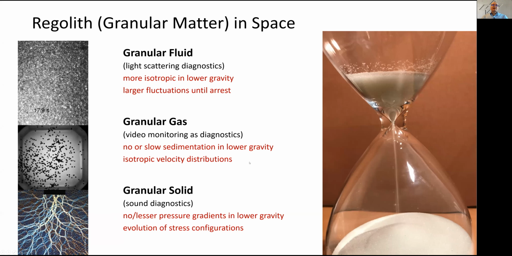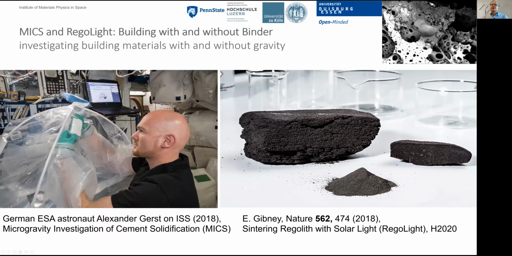Also, there's different ways of building materials. We have here on the left another experiment where pouches, in that sense, are used to test experiments on the hydration of concrete in zero gravity.